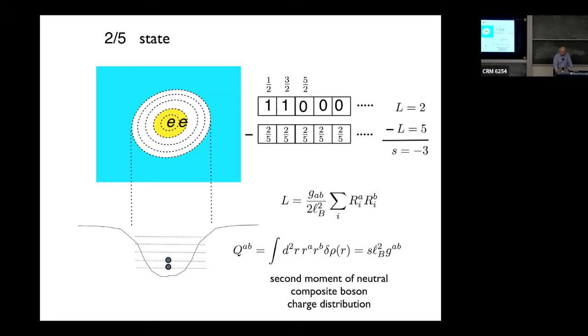And what happens to Q in that case? Q in this case is proportional to the Euclidean metric. If I started with some value of S and I break rotation invariance, you sort of have to consider S and L squared multiplying g_ab.